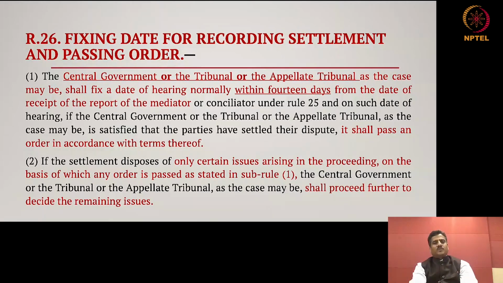Then the central government or tribunal shall fix the date of hearing within 14 days from the date of receipt of the report of the mediator, and accordingly it shall pass an order in accordance with the terms as they agreed. If some issues are not solved, then those issues shall proceed further to be decided in the court.